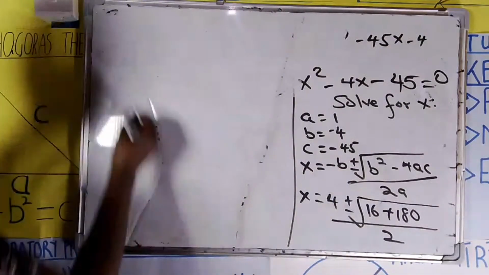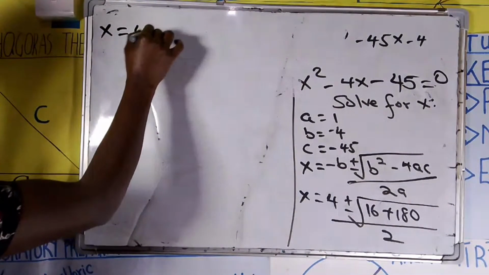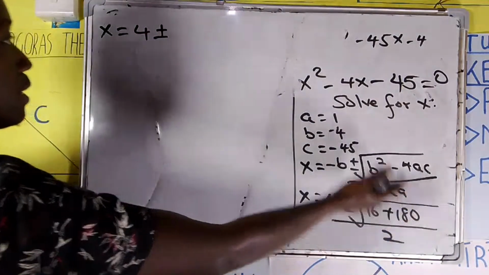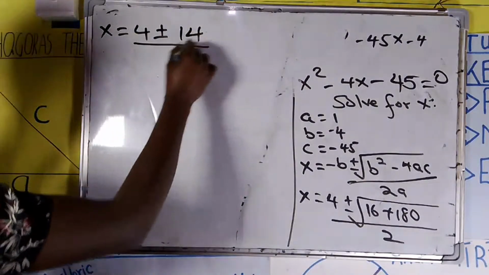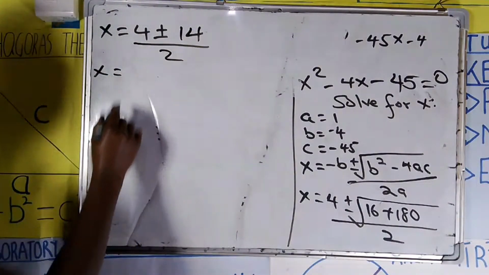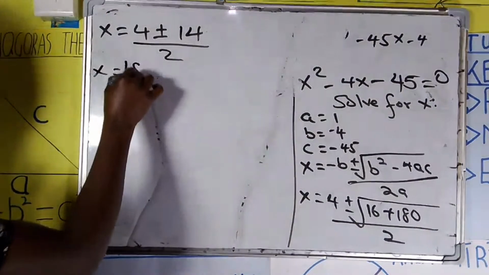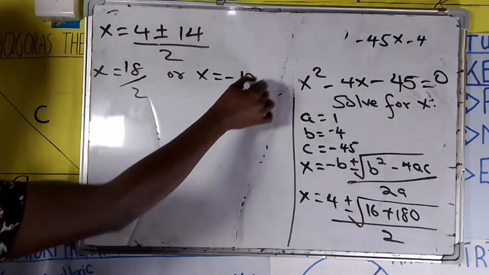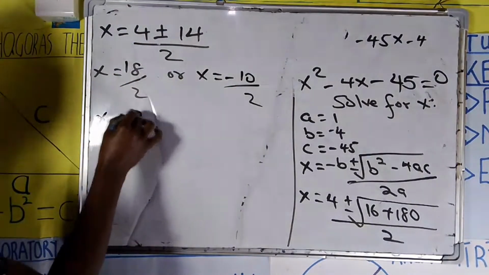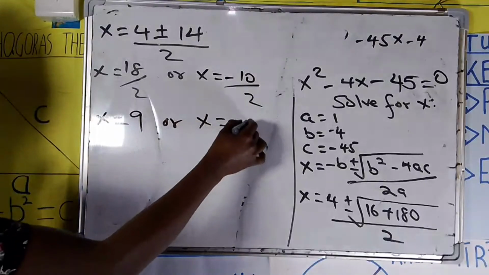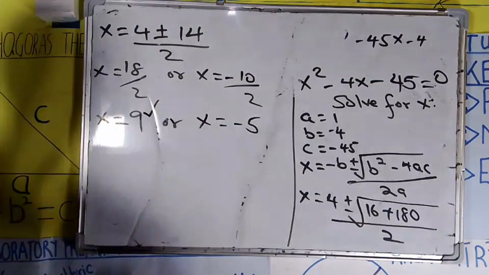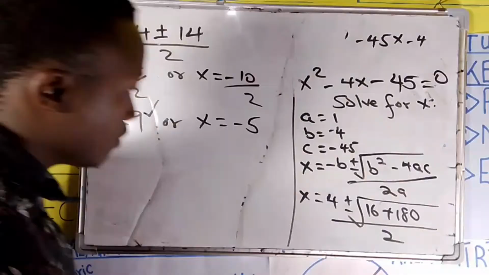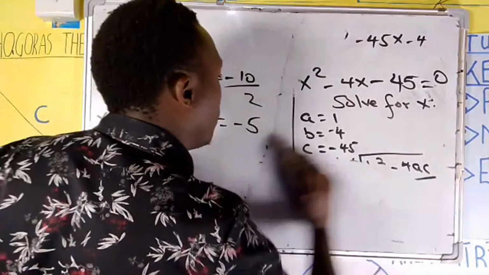And by doing so, we have our x is 4 plus or minus square root of 16 plus 180 is 196. Square root of 196 is 14 divided by 2. So our x will be equal to 4 plus 14 is 18 divided by 2, or x is 4 minus 14 is negative 10 divided by 2. So our x is either 9 or our x is negative 5. So we will get those two as our values of x.